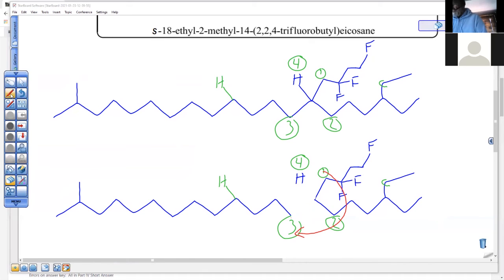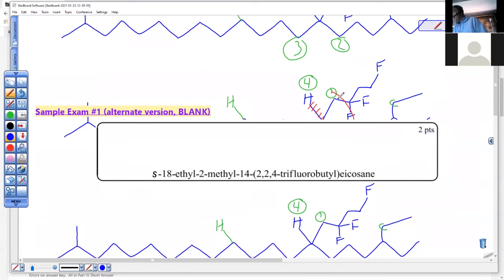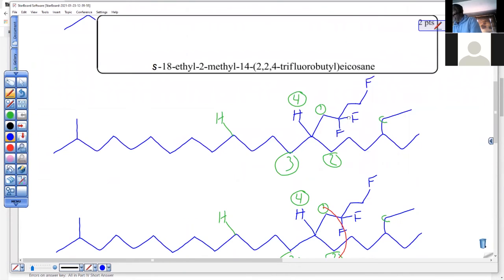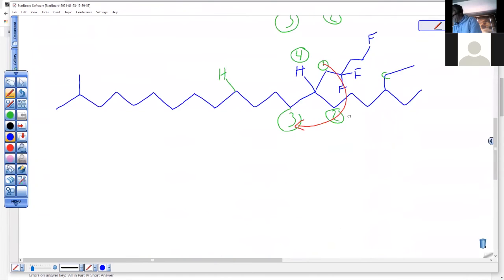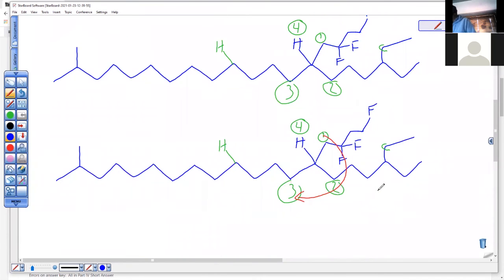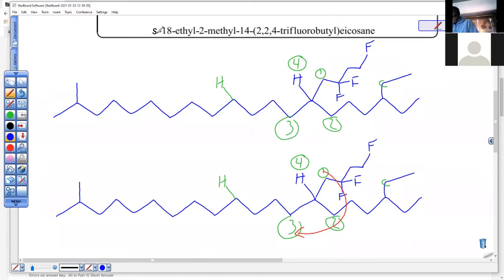I'm going to put the blue bonds back. You got the wrong answer if you do what you did up here. Oh, I did erase. Okay, I'll fix that later. You got R and your question is now S. There's an easy fix for that.